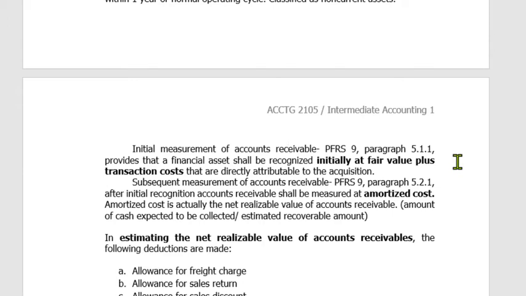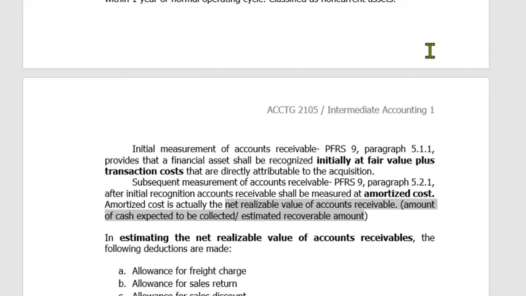Subsequently, according to PFRS 9, it is recognized at amortized cost. Ano ibig sabihin nitong amortized cost? Well, actually, it is the net realizable value of the accounts receivable. Ang ibig sabihin ng net realizable value is the amount of cash expected to be collected or the estimated recoverable amount. Initially, minimeasure mo siya at fair value plus transaction cost, pero habang tumatagal kasi itong accounts receivable, there is a possibility na baka hindi mabayaran because of many factors relating to your customer, to the collection.